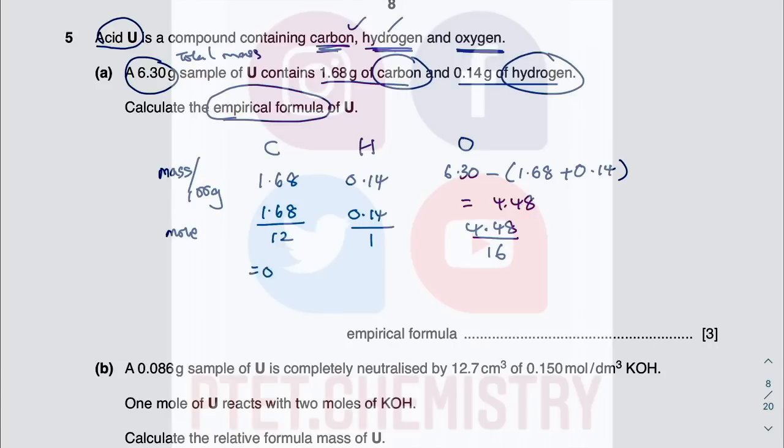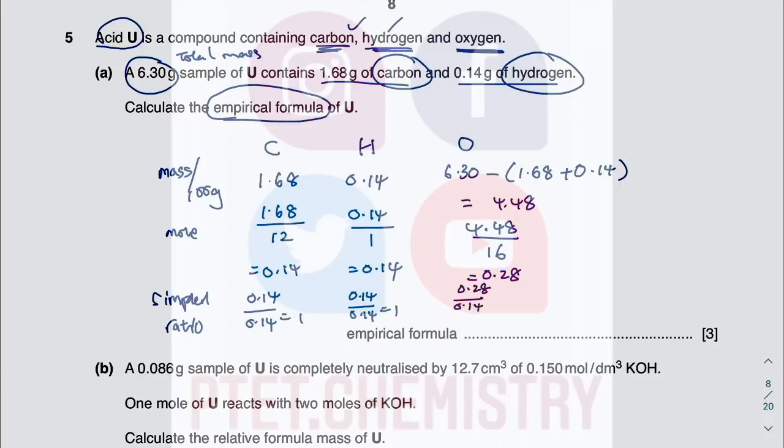You're going to get 0.14. This is 0.14. That's 0.28. You want the simplest mole ratio. So the smallest number is 0.14. So you do 0.14 over 0.14, that's 1. 0.14 over 0.14, that's 1. 0.28 over 0.14, that's 2.